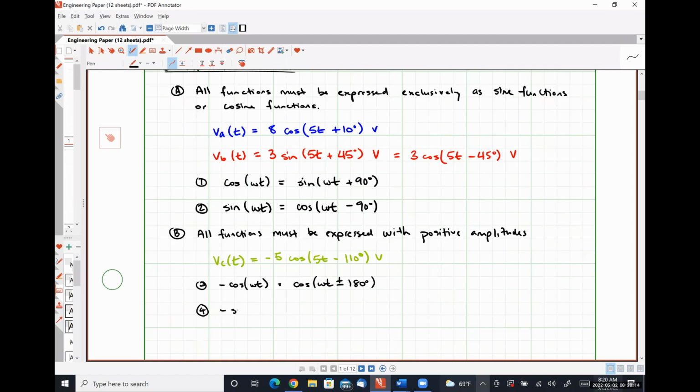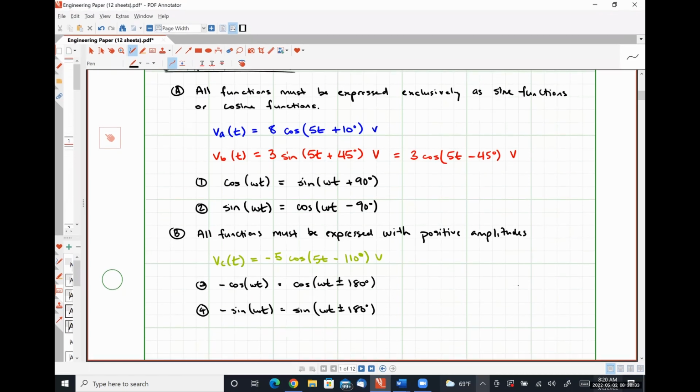And negative sine omega t is simply sine omega t plus or minus 180 degrees.